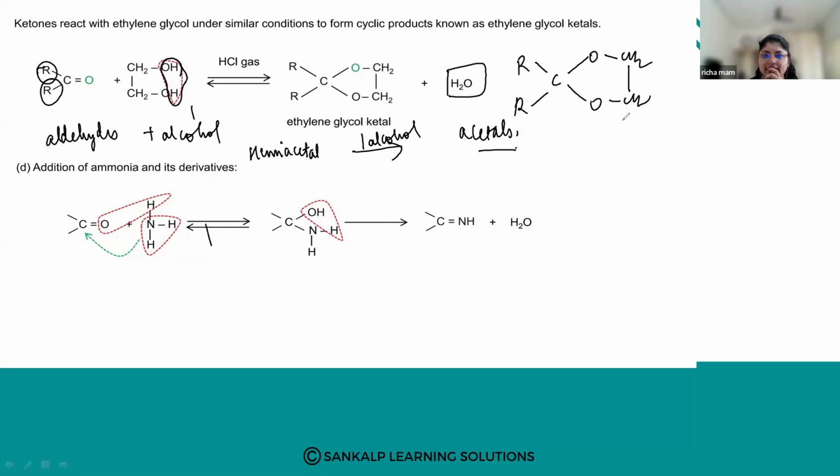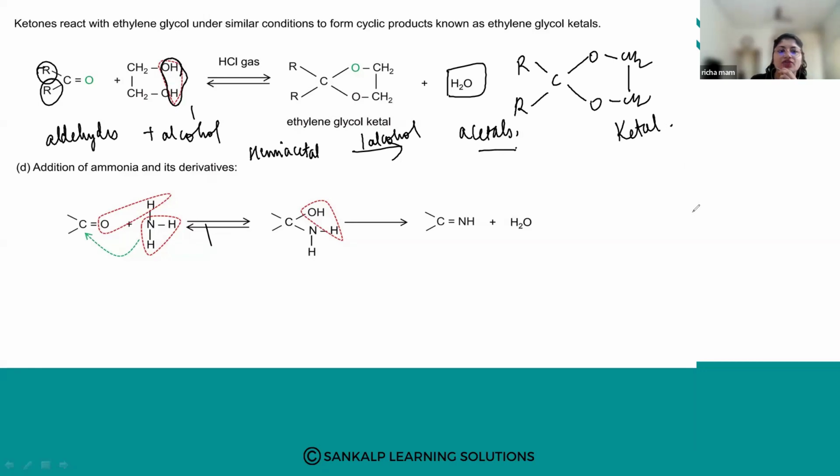So you get ethylene glycol ketal. Like this, the O minus will get polarized and you get the ethylene glycol ketal group. So this is another reaction where it undergoes a nucleophilic addition reaction.